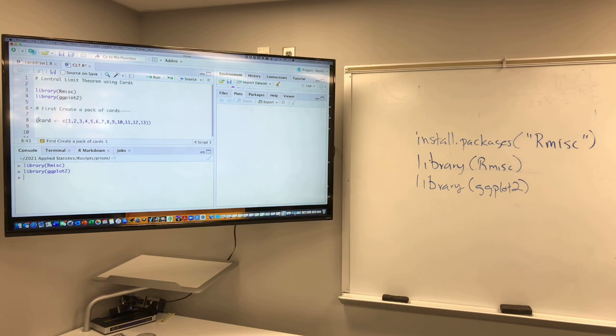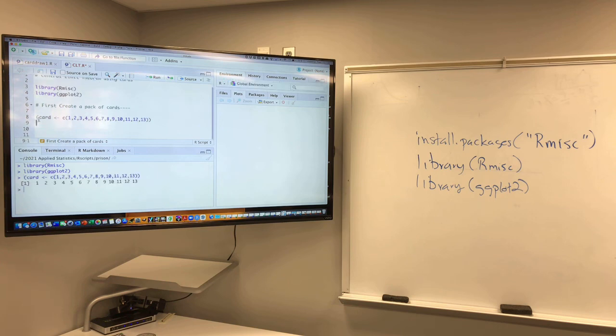C means combine or concatenate. Run that line of code. Hopefully it ran. If it ran, it should tell you what you just did, which is you created a string of 1 to 13. Woo! So exciting. You can check that it actually did that by asking it to give you card. And it gives you card.